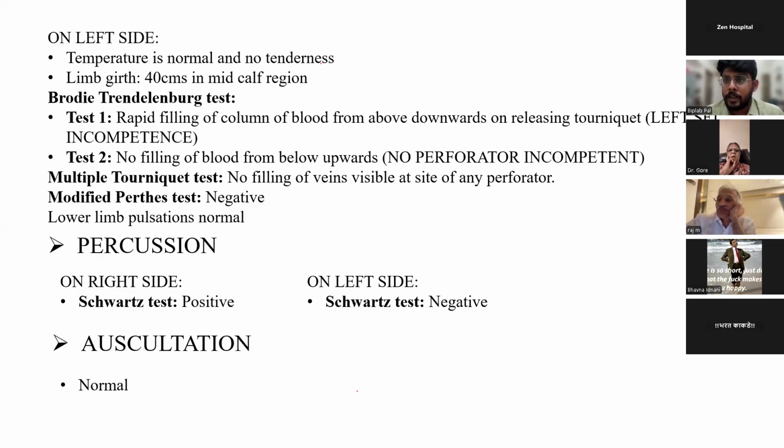A dilated vein with non-functional valves. So there is no breaking of the column of blood. That is why you get Schwartz positive, no? Yes, ma'am. If there was a competent valve, you would not get Schwartz positive.